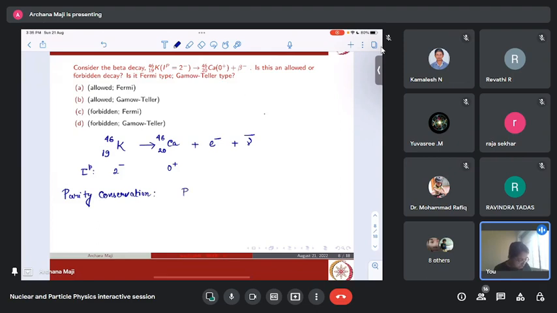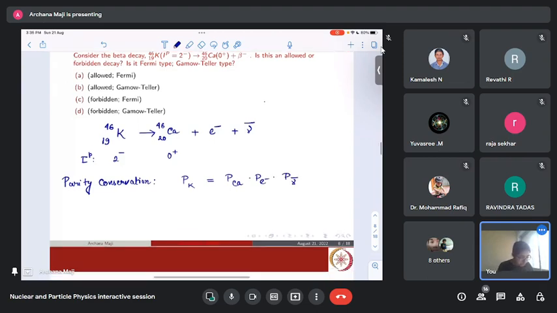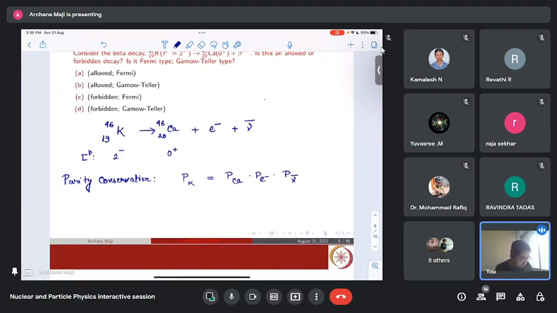So parity of potassium should be equal to parity of calcium times parity of electron times parity of antineutrino, and we know parity of electron and parity of antineutrino both are 1. Sorry, there is also (-1) to the power L, where L is the orbital angular momentum.